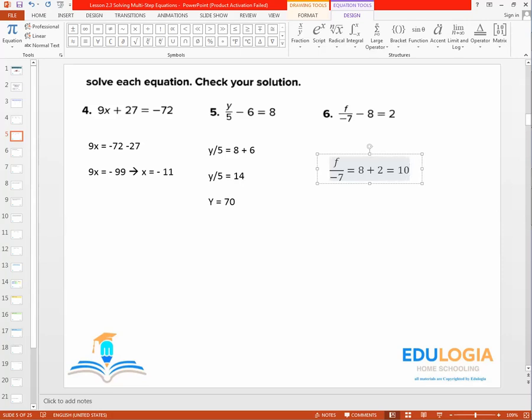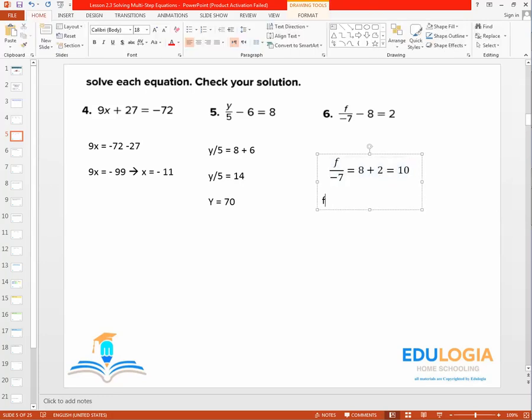And now it's f over negative 7, right? So division, so I'll make multiplication. f equals 10 multiplied by negative 7. It's negative 70. That's all.